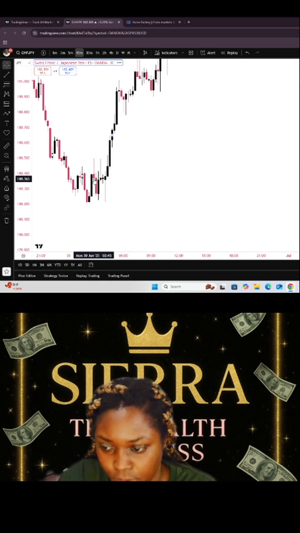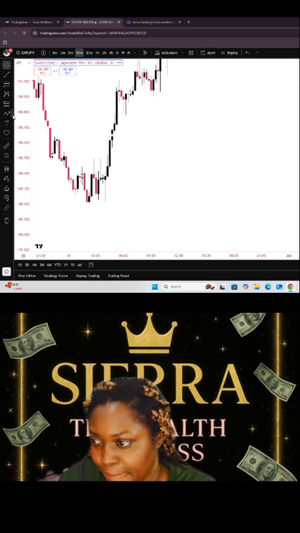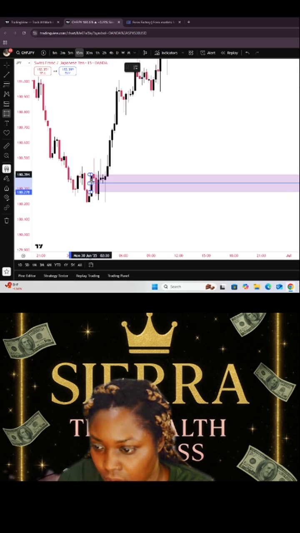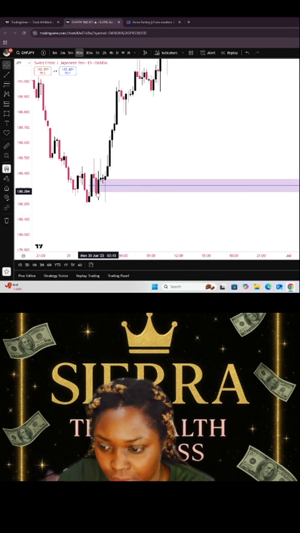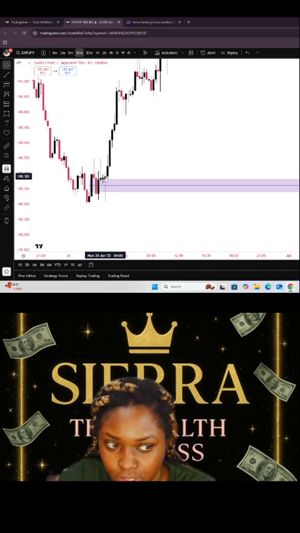Here we have a fair value gap. Price came underneath, closed underneath right here on this candle, then came back, closed on top, then came back underneath, and then rejected and closed on top.